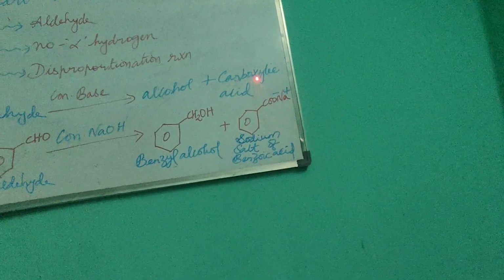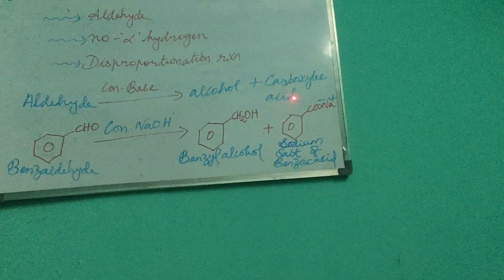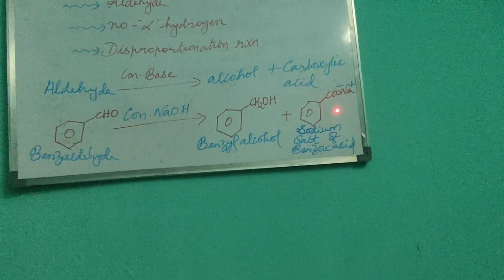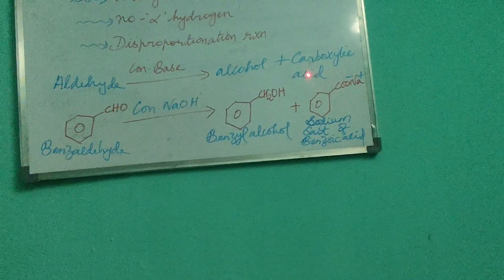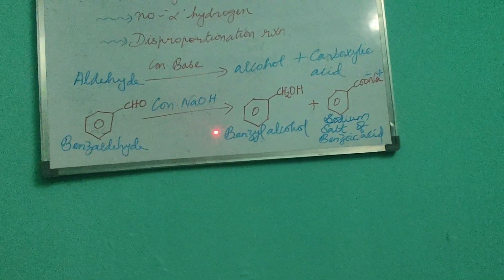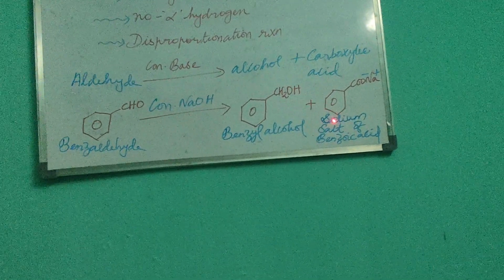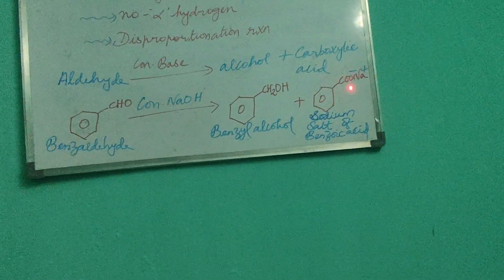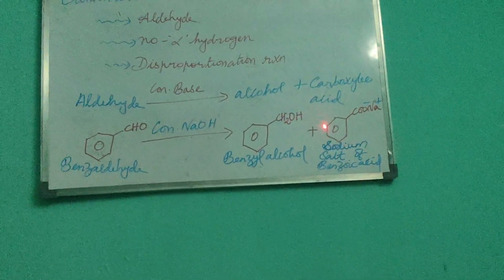Listen carefully. According to the reaction, the preferred product is benzoic acid, but after its formation, the benzoic acid reacts with the concentrated base, this acid and this base react, and form the sodium salt of benzoic acid.